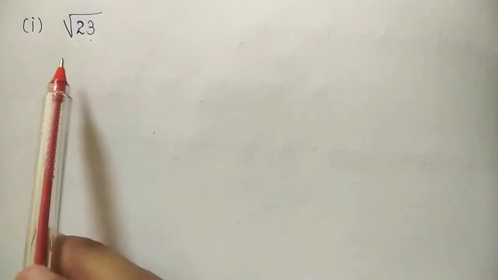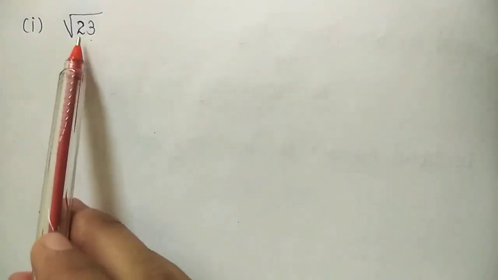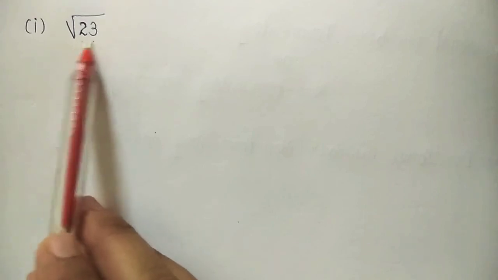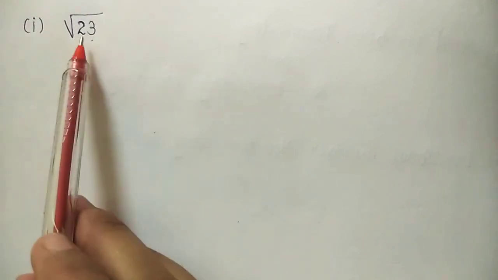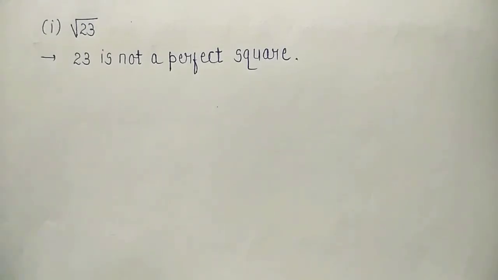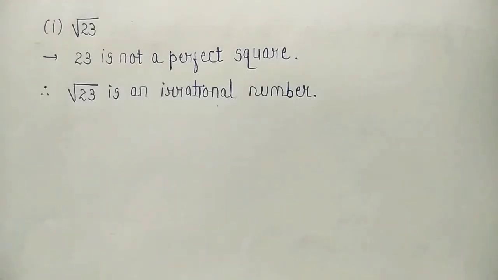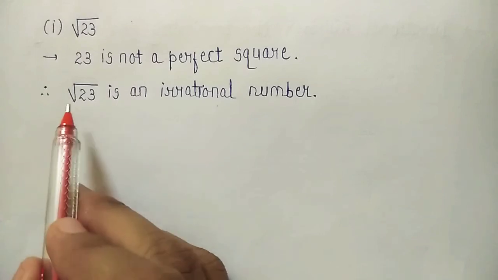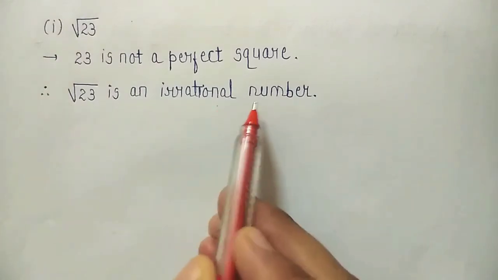Okay, and in other way we can say that 23 is not a perfect square. So it will have non-terminating, non-recurring decimal expansion, and that is why it will be an irrational number. Okay, square root of any prime number will be irrational number. So we'll write, therefore, square root of 23 is an irrational number.